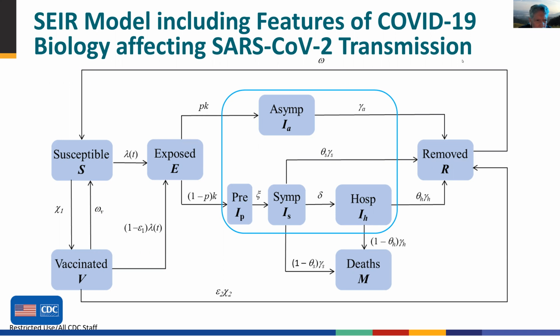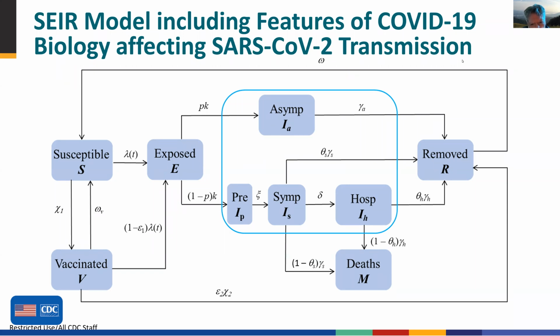This is a conventional SEIR model, but it's been modified to include features in the biology of COVID-19 that may be relevant for the transmission of SARS-CoV-2, in particular asymptomatics and pre-symptomatics. Some symptomatic people are hospitalized, some recover without hospitalization, some recover afterwards, and some die.